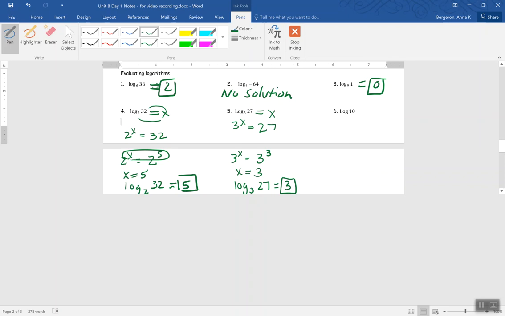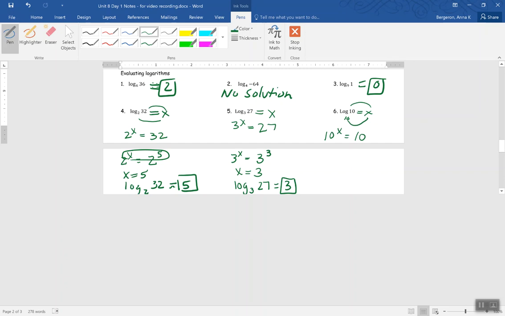Now, one thing I haven't touched on yet, but was at the top of page 2, is if there's no base written here, it's an assumed 10. So this is going to be a base of 10. Logarithms are always out of a base of 10 unless we write a number here. So this is going to be log base 10 of 10 equals x. So we have 10 to the x power equals 10.